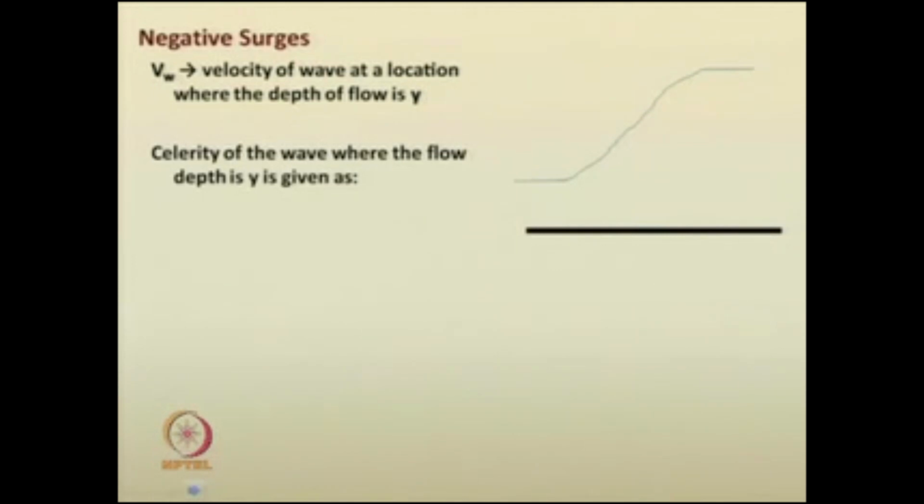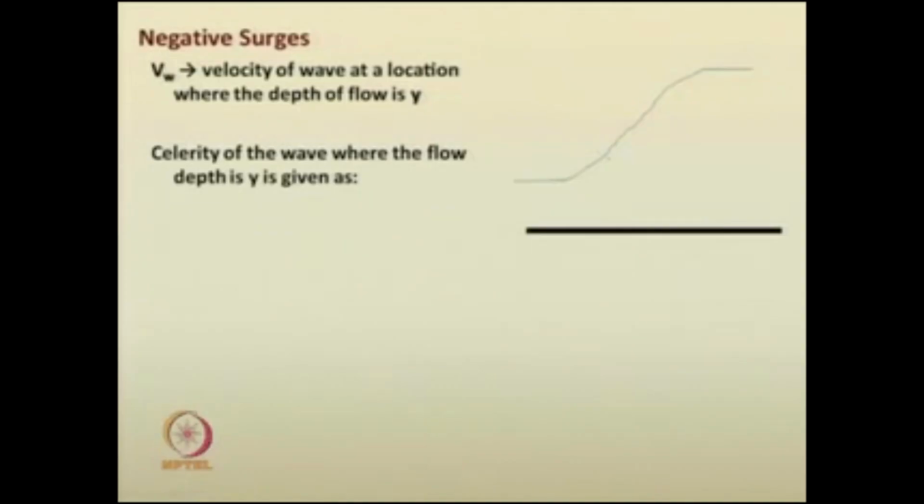Now, V w is the velocity of wave at a location where the depth of flow is y. If you recall the celerity of the wave, we have described it yesterday also. If any flow depth is given to you, what should be the celerity of the wave there?